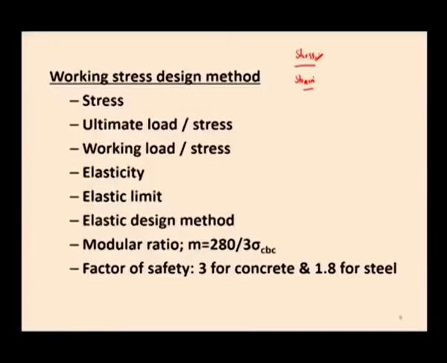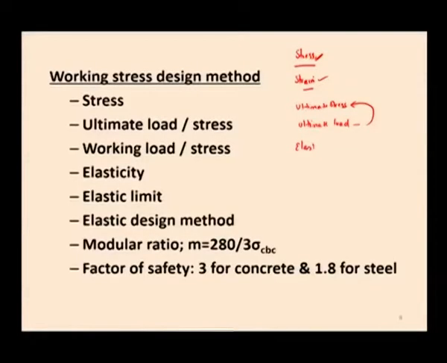But in practice, a material or structure is not subjected to ultimate stress, because when it reaches the ultimate load or stress, it starts to fail. So, the actual value of the stress is kept much less than the ultimate value, always well within the elastic limit. The maximum value of the load to which the material can actually be subjected is known as the working load, and the corresponding stress is called the working stress.